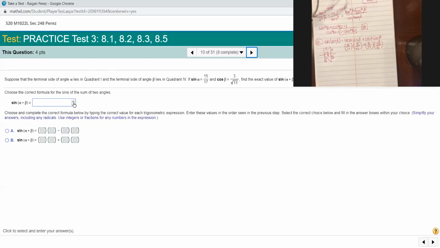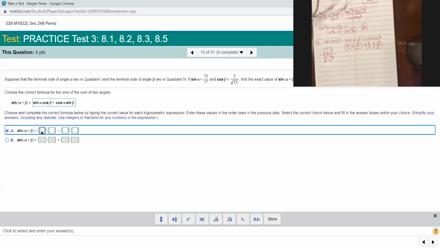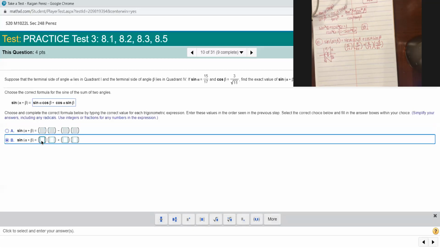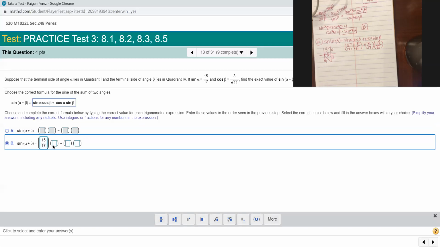Okay, and so you just got to plug these in. So first, pick the correct formula. Cosine of alpha should be a plus. And you have your formula sheet, so at least this part you should be able to get right on the test. And then these, we can just make sure you click on the right one. See, I almost did the wrong one. I need the plus sign in there. So this is 15 over 17.